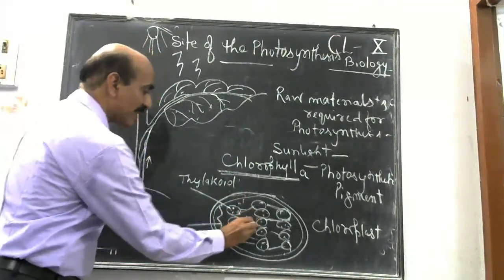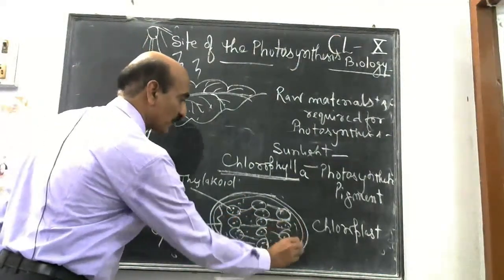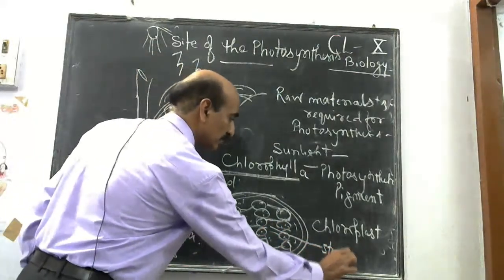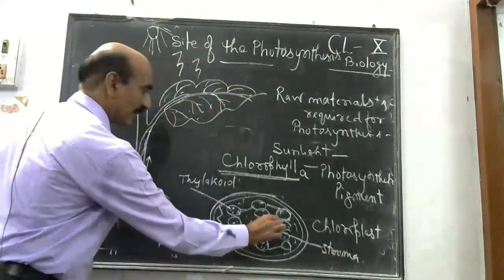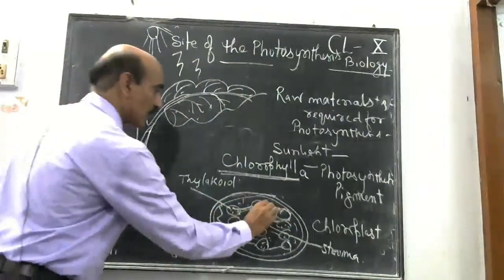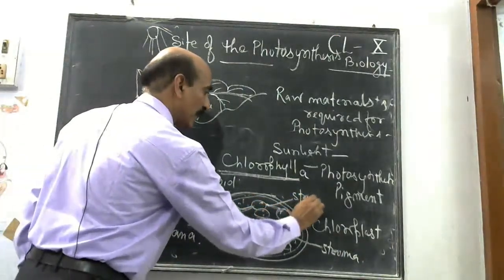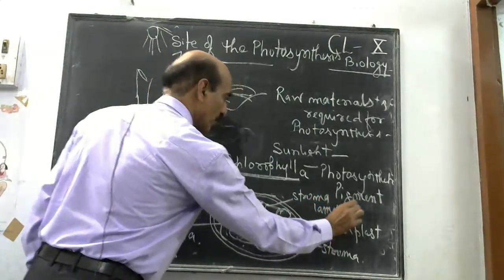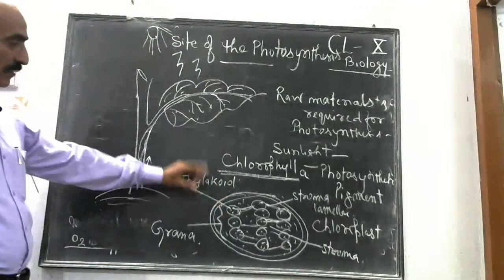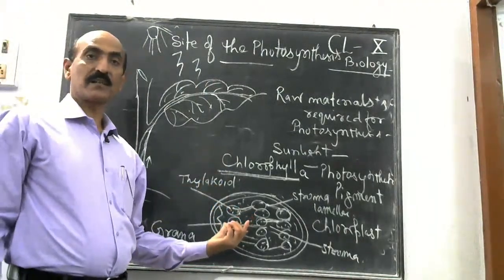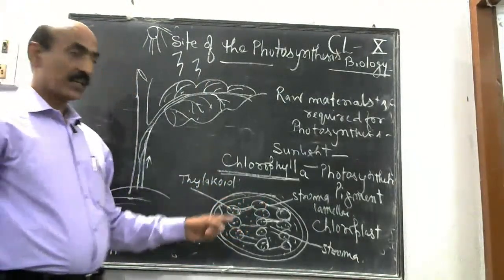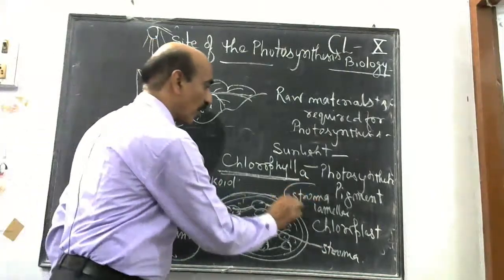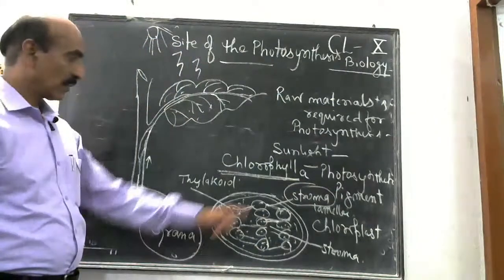Then outside the granum, the structure is called the stroma, and the connection is called the stroma lamella. So the two basic structures present inside the chloroplast are the grana and the stroma.